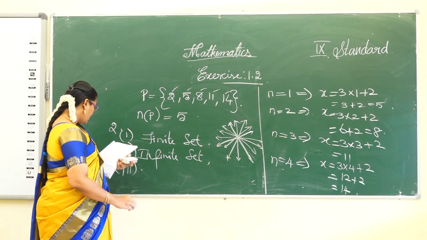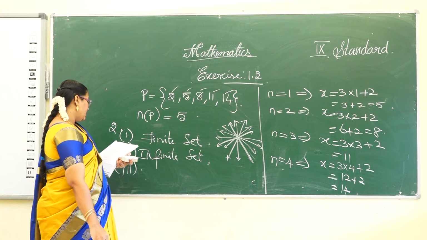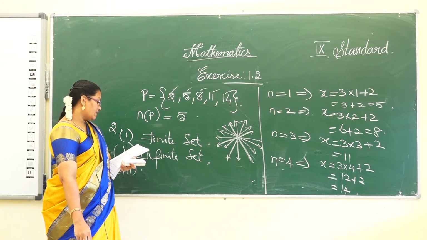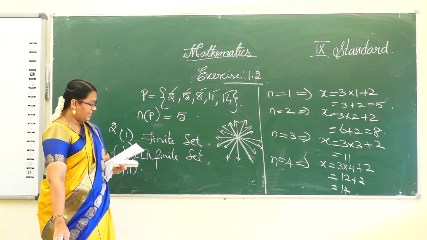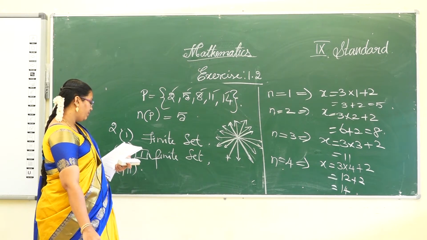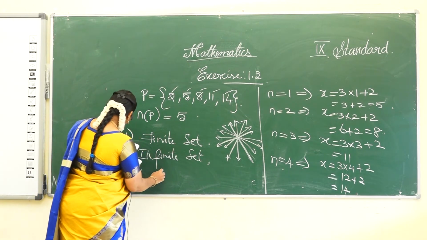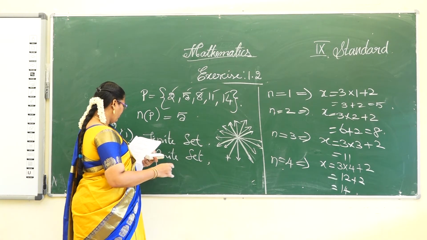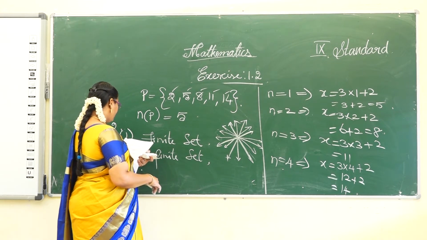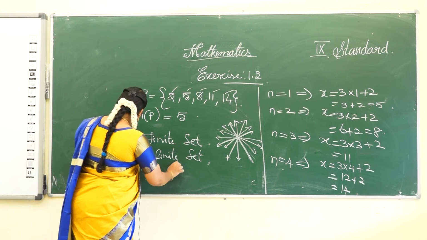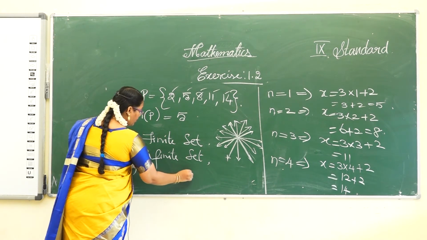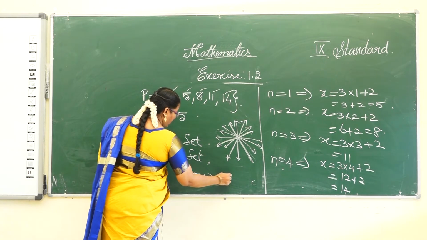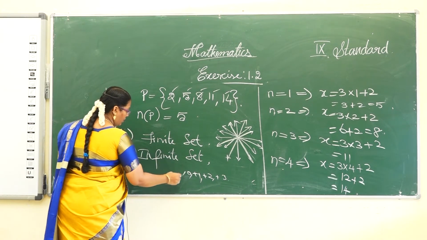Third one, A is equal to set of all x such that x belongs to Z. Z means integers, and x is less than 5. What is given? So integers is given and less than 5. So is it finite or infinite? Well, integers start from 0, plus 1, plus 2, all the negatives and whole numbers, is it?